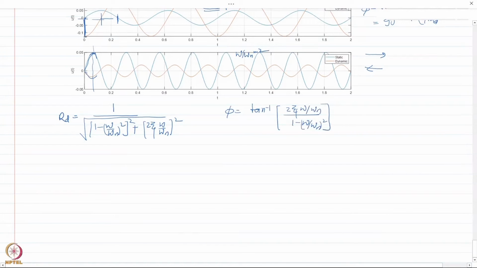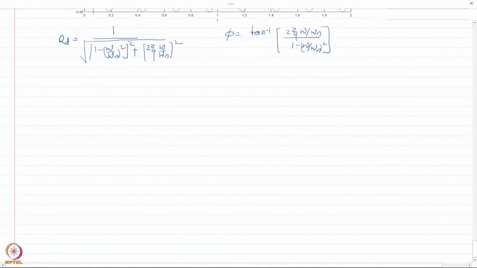Remember the most important parameter here is the frequency ratio. So like we did for an undamped system, what we would like to do here is plot the value of RD and the phase angle for different values of frequency ratio. The question might arise, why do we do that? What are the applications?